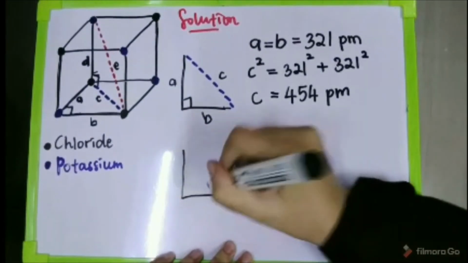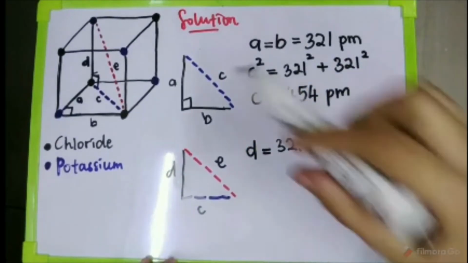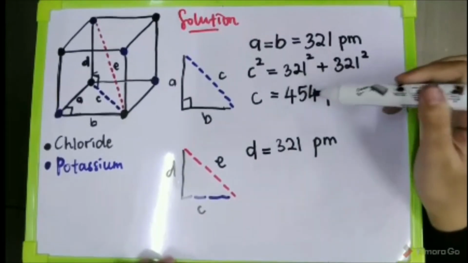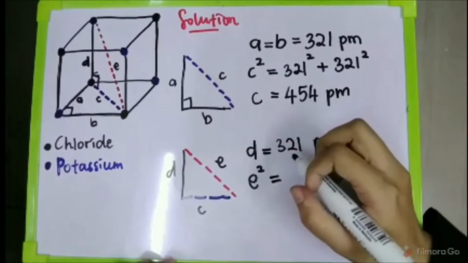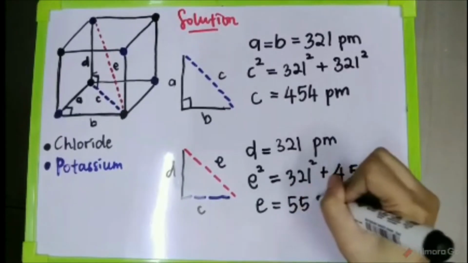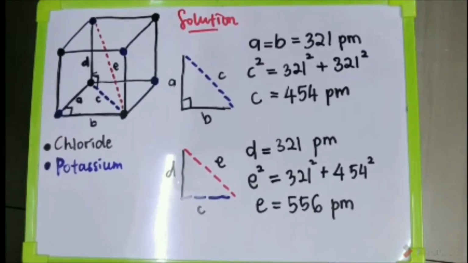In this right angle triangle, D equals A and B. Since we just found the value of C, which is 454 pm, substitute it in the Pythagoras theorem formula, and we get 556 pm. The answer for the red dashed line, which is the next shortest distance between the potassium ion and chloride ion, is 556 pm.